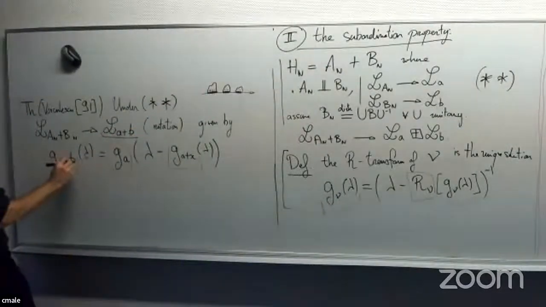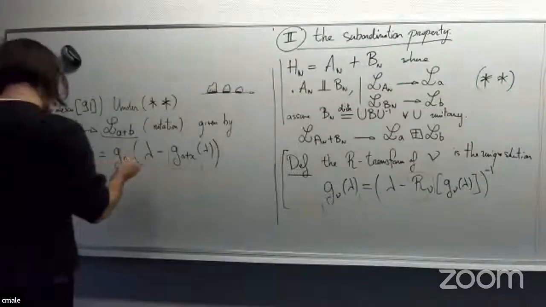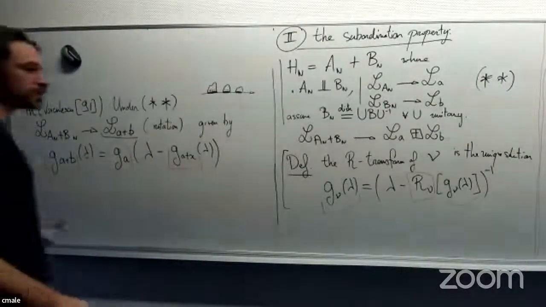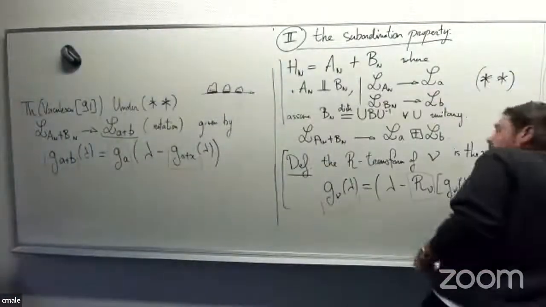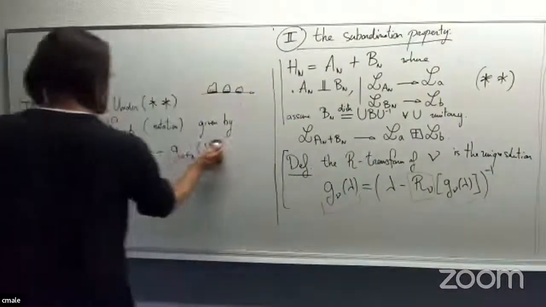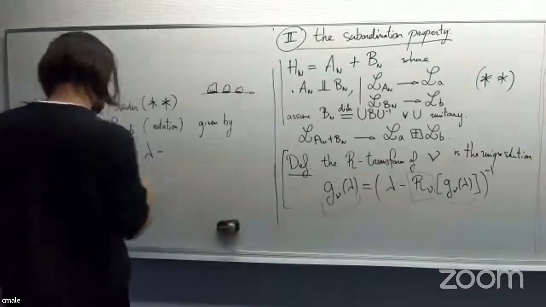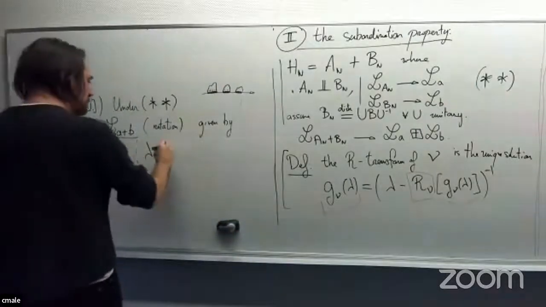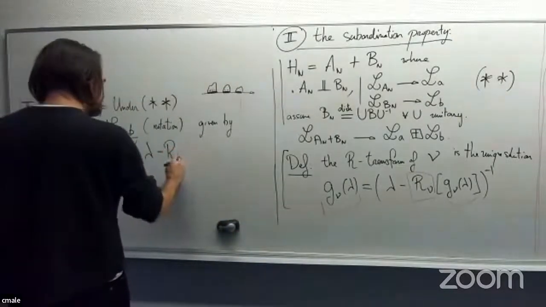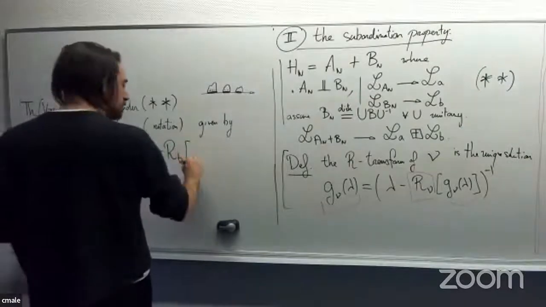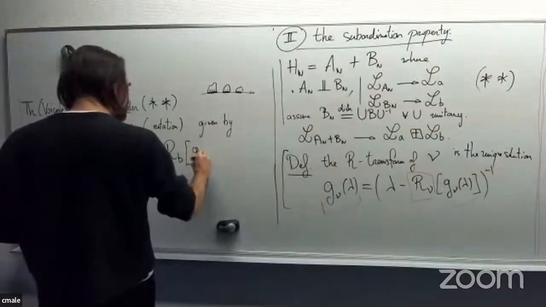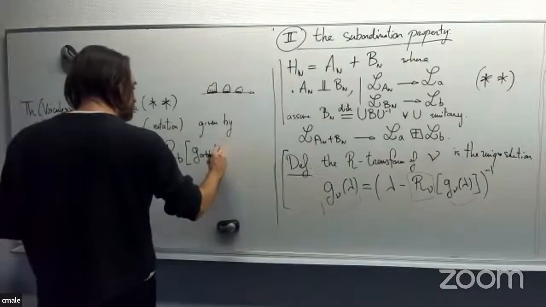And now, what we have to integrate here is the role of B, which is no longer a semicircular distribution. Now we have this R of B applied in G of A plus B at lambda.